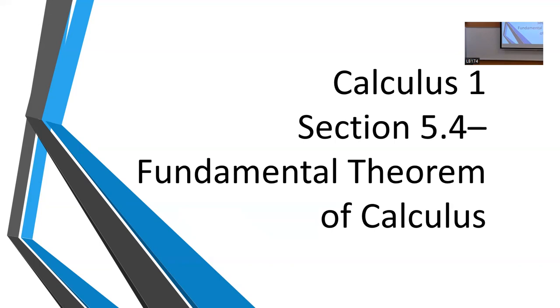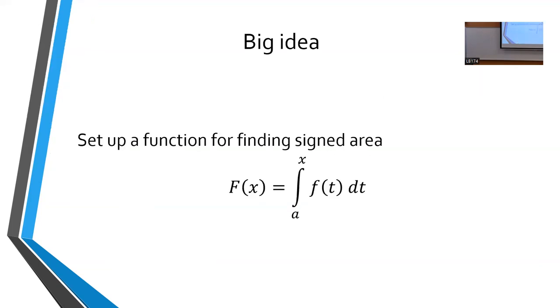And then last time we saw that the definite integral calculates the signed area, right? And so the big idea is that if I have a function that calculates the signed area, it's the definite integral, the signed area from A to whatever.